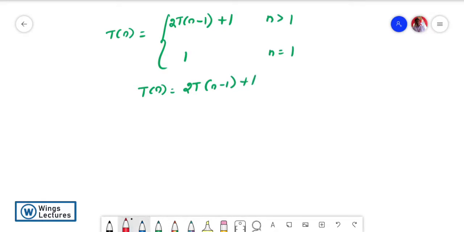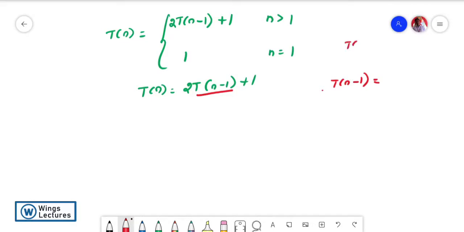Now let us consider. I need the value. Now I am going to compute this by applying the backward substitution method. So I need the value which is T of n minus 1, otherwise I cannot solve the problem, right? So first let's compute T of n minus 1: you just replace n with n minus 1, that's it. So here we have the T of n value.